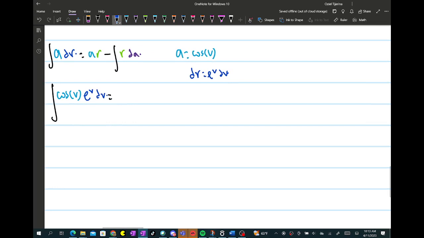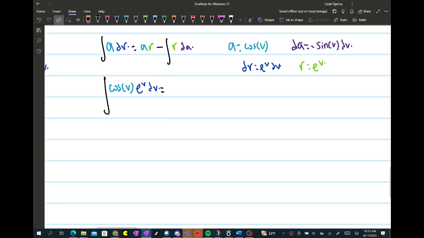We're going to do dA, so dA is negative sine of v dv, and r itself is going to be e to the v.